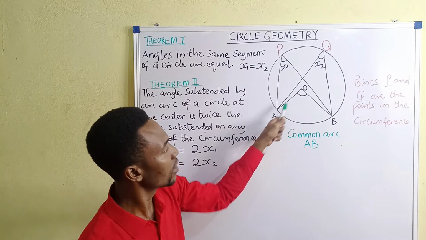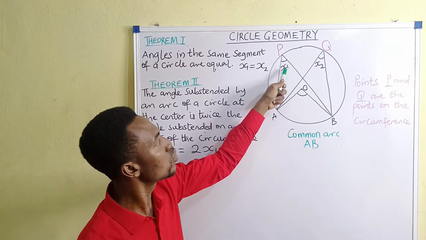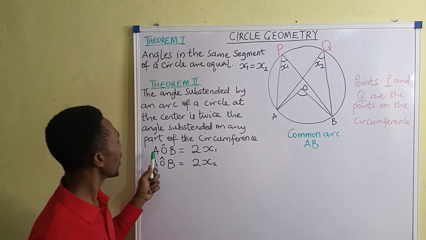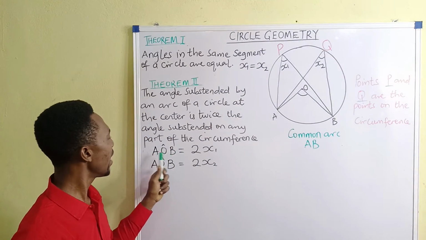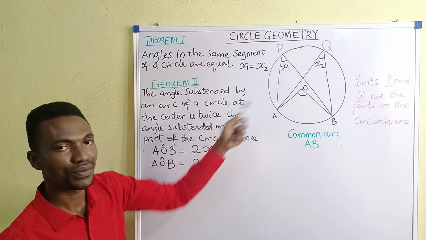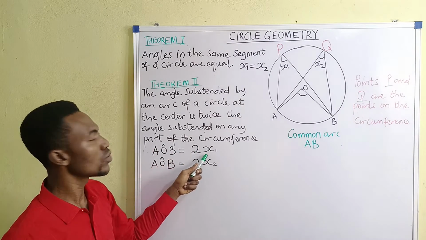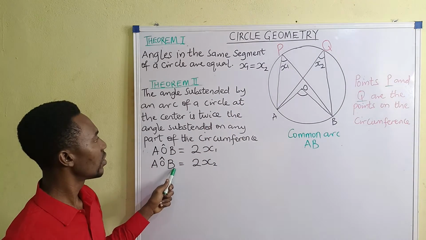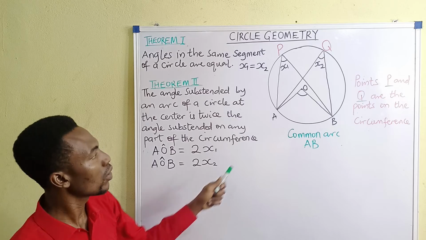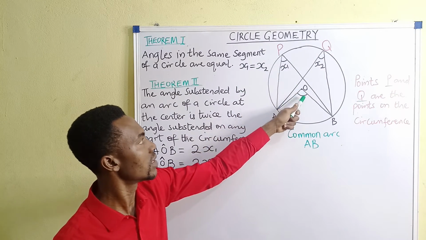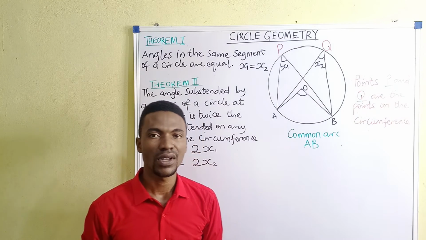The angle subtended by the arc at the center is 2 times the angle subtended on the circumference. So AOB, this curve here means that the angle is on O. AOB is equal to 2x1. AOB is equal to 2x2. Angle at the center is twice angle at the circumference.